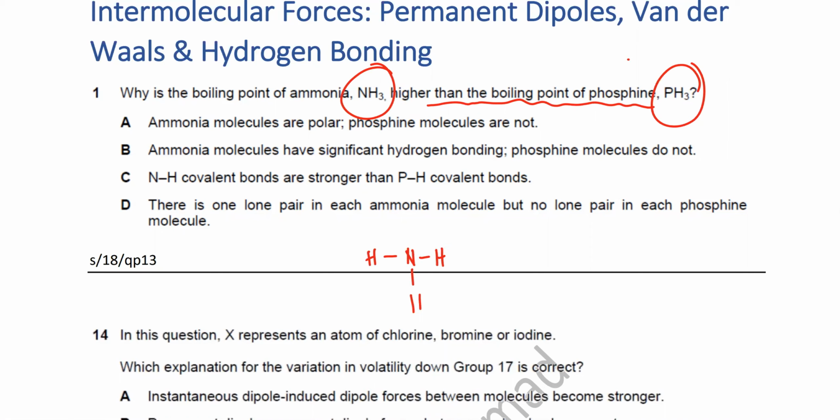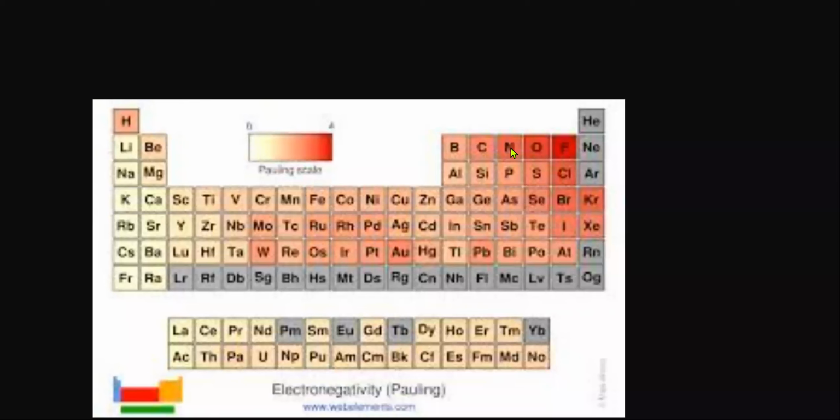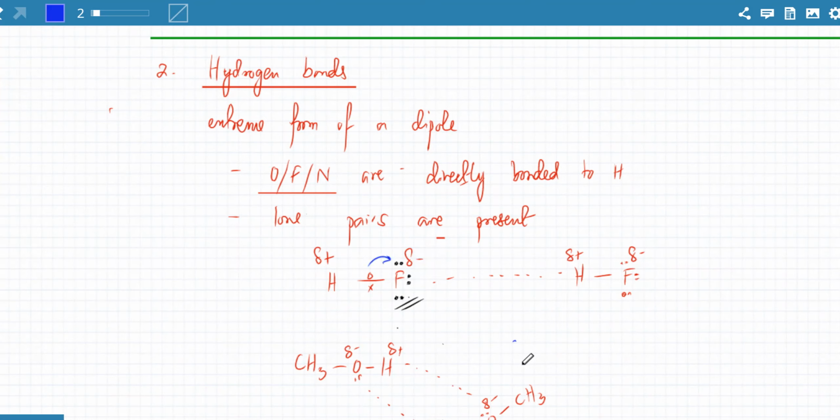Like, where's the periodic table? So, oxygen, nitrogen, and fluorine, these three at the top. So, they are some of the most electronegative elements, right? Which is why they are able to form dipoles very, very strongly, because they are able to pull these electrons close to them, like really close to them. Is this idea clear?